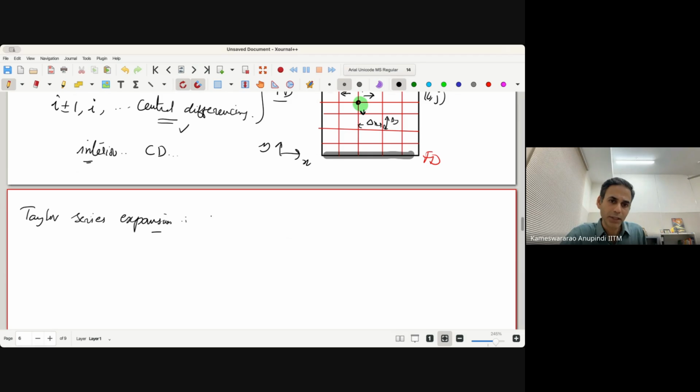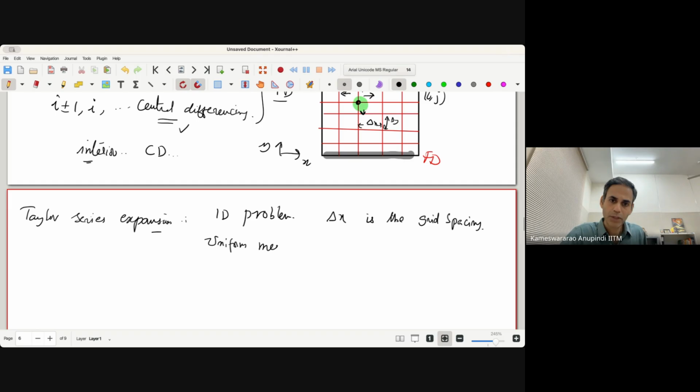First, let me look at essentially a one-dimensional problem, so we have only delta x as the grid spacing. Let me consider uniform meshes for the ease of calculations.